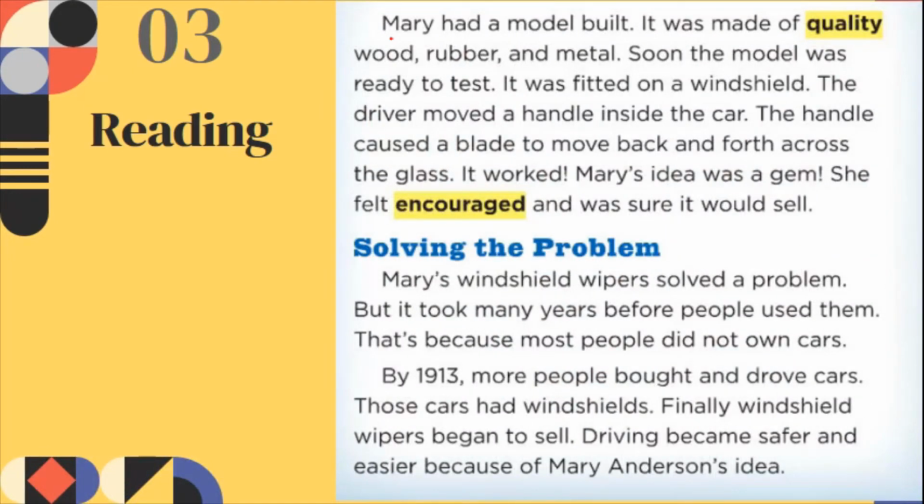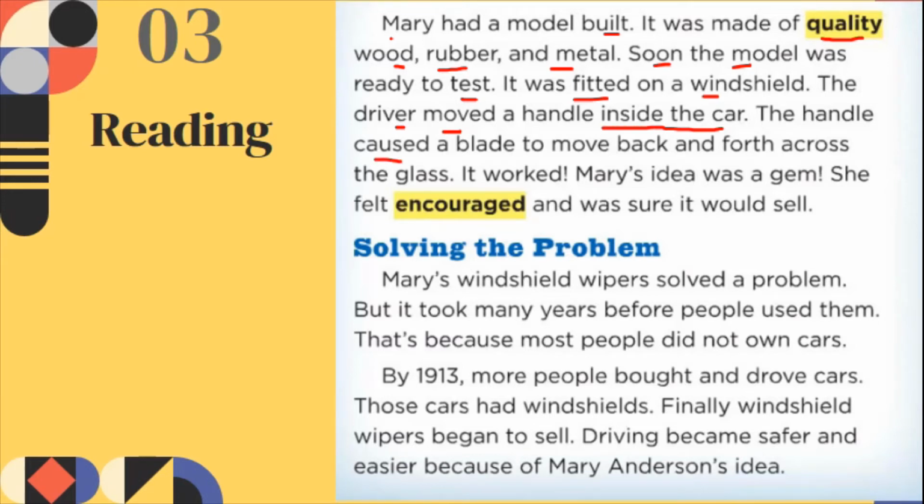Mary had a model built. It was made of quality, meaning good quality, wood, rubber, and metal. Soon the model was ready to test. It was fitted on a windshield. The driver moved a handle inside the car.